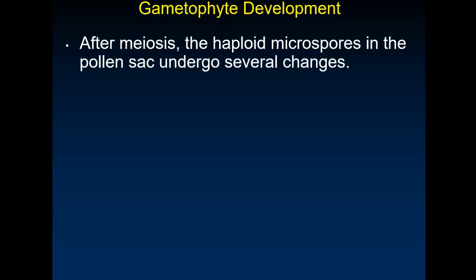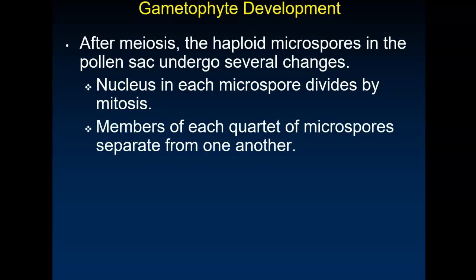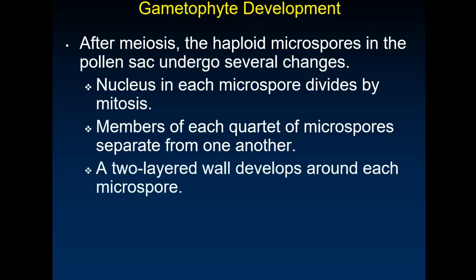Some of this happens within the anthers, and some happens after the pollen has left the anther. The microspore is going to divide by mitosis. After that division, all of the microspores split apart from each other. They're all individual pollen grains now. They're not a quartet anymore.